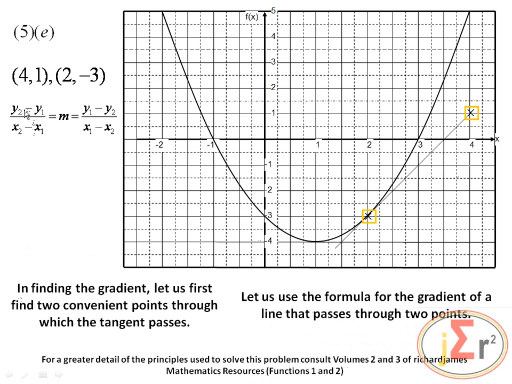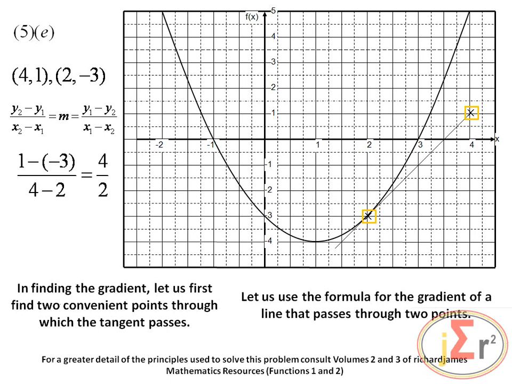And what this formula is saying, we may say y2 minus y1 over x2 minus x1. Of course, it is equal to y1 minus y2 over x1 minus x2. So we may use any point as x1, y1, or as x2, y2, as long as we pay special attention to the order in which we are going to be subtracting the ordinates.